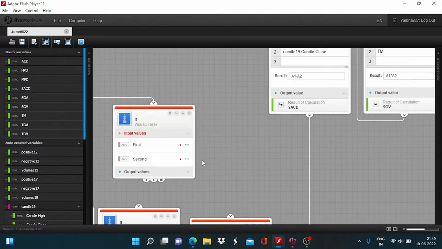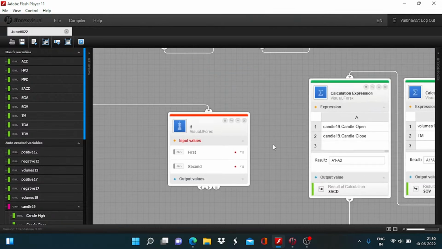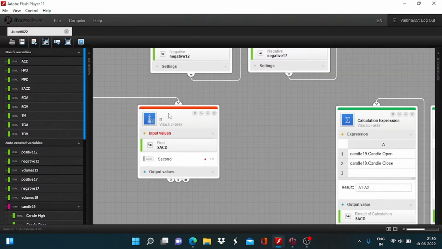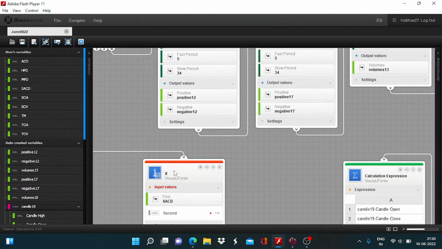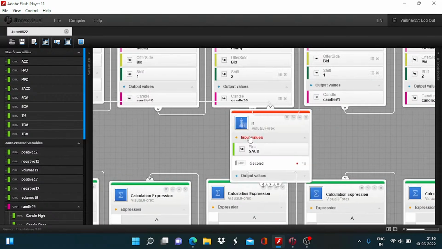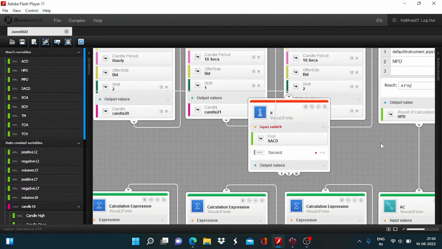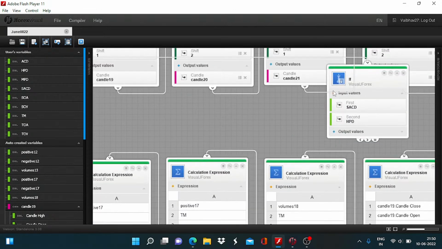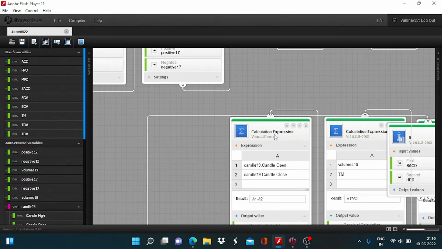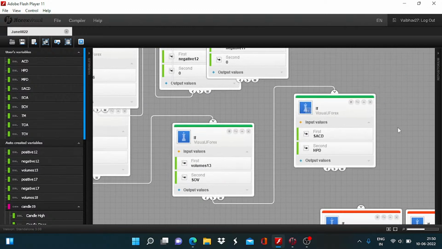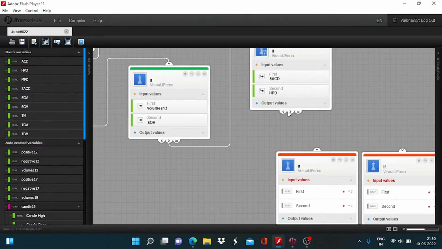Then we consider the difference between the last 1 hour's opening and closing price, which needs to be more than 10 pips. So for that, I'm going to take the actual difference and compare it with 10 pips, the predefined variable. All right. So first input greater than second input.